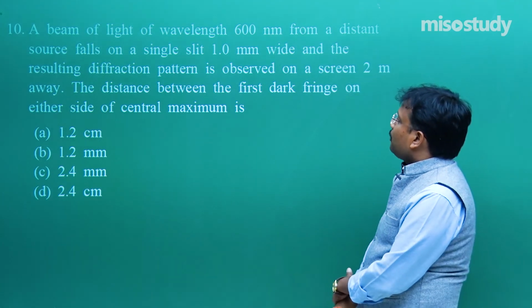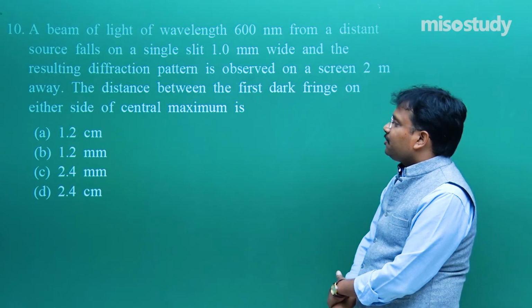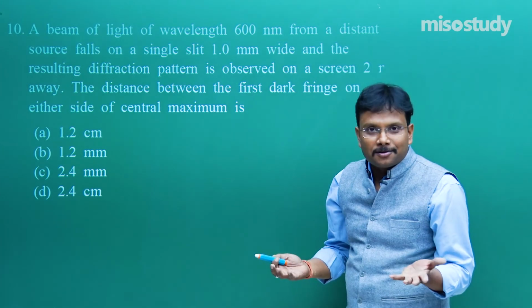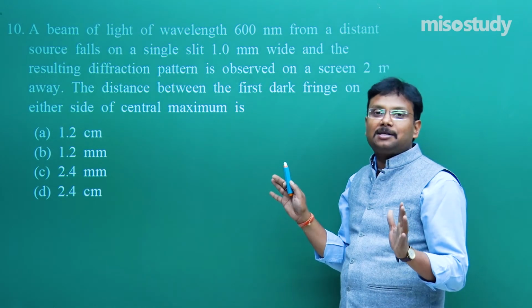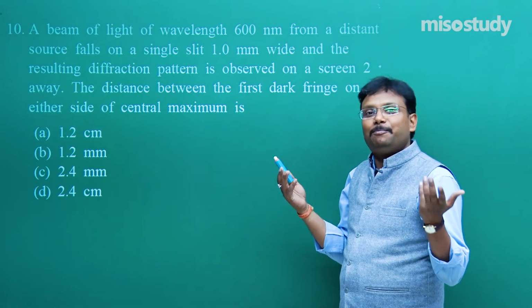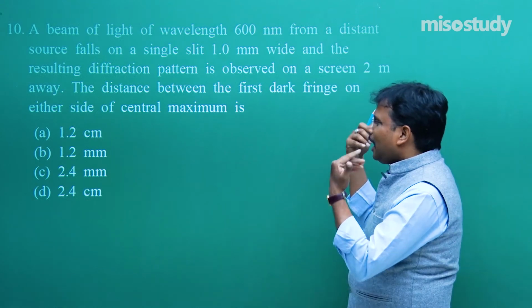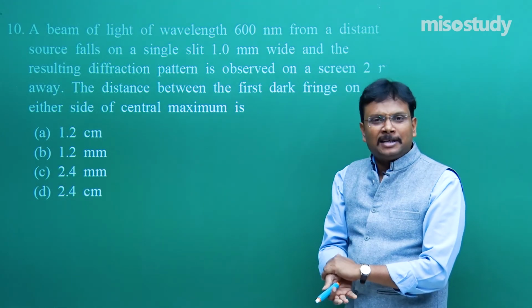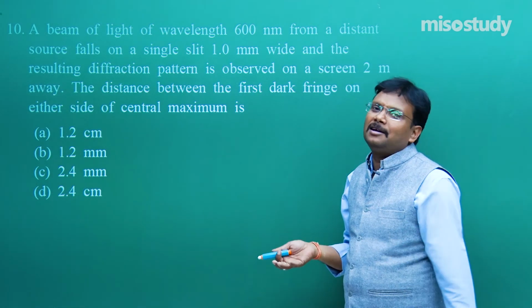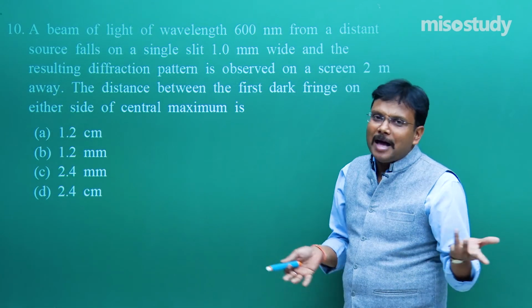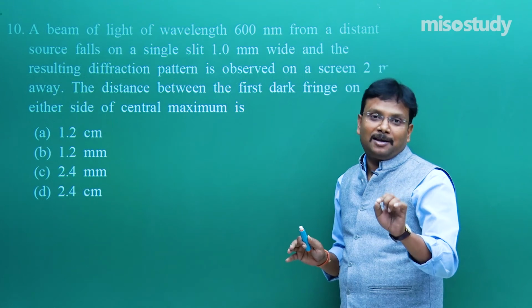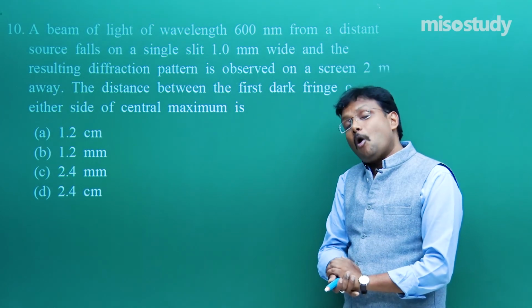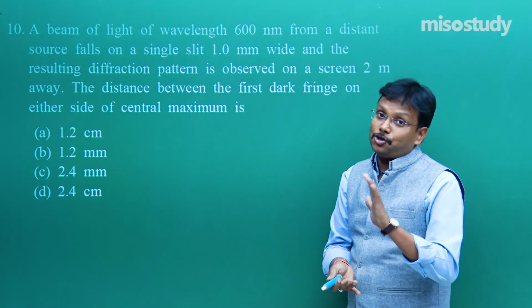The distance between the first dark fringe on either side of the central maxima is? Directly diffraction concept based formula oriented problem. Rather than going into any details or explanations, mentioning the formula and putting the values is more than enough. But if you do not have practice of the formula of this concept, obviously you are going to face some difficulty.